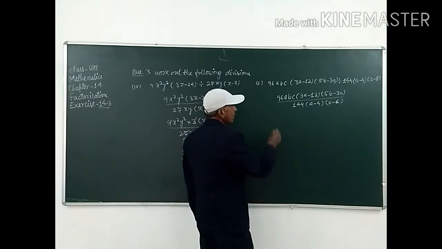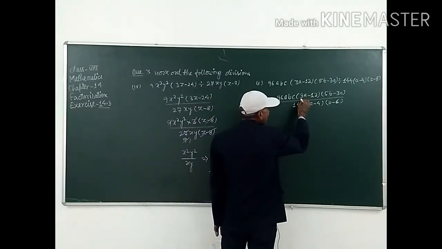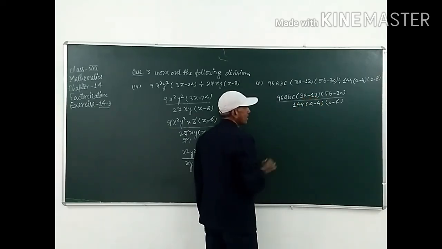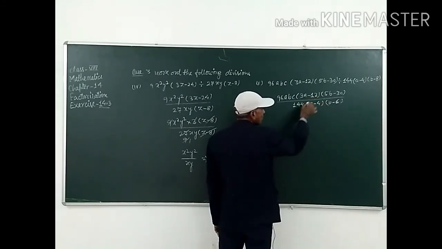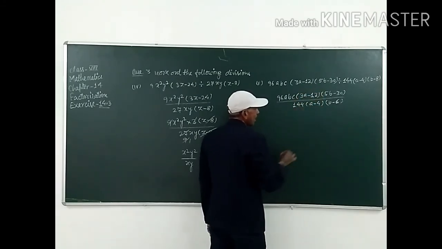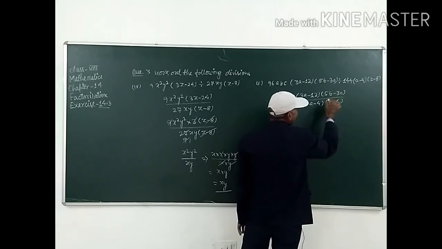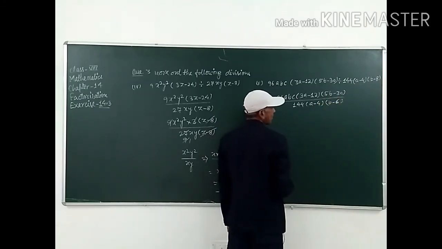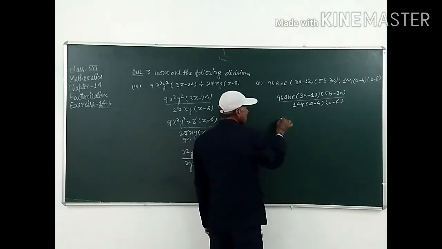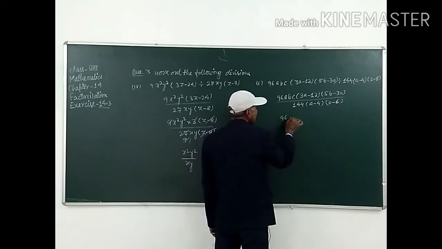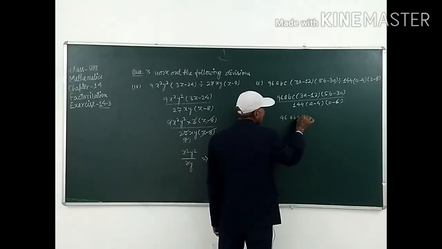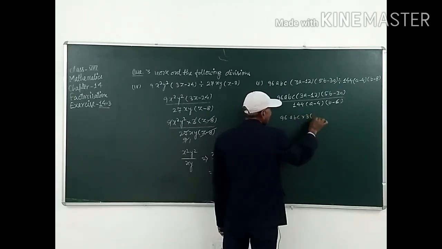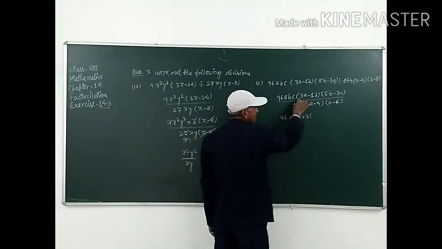Now, in the numerator, we observe that 3 is common between these two terms, student, 3a minus 12. So we can take 3 as common here, and in the second part of this question, that is 5b minus 30, we can take 5 as common, student. So, in the next step, write it 96abc into 3, because we have taken 3 as common in these two terms.